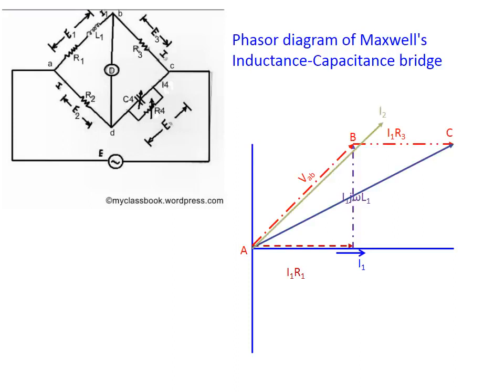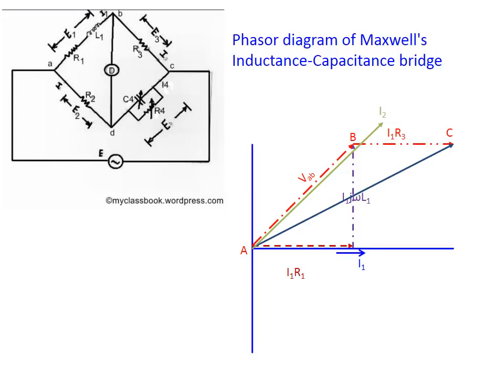In the next attempt, we will try to estimate the phasor of current I2. When I2 flows through R2, it will create a voltage drop equal to I2 R2 in phase with I2. We know in this bridge the voltage drop VAB must be equal to voltage drop VAD.